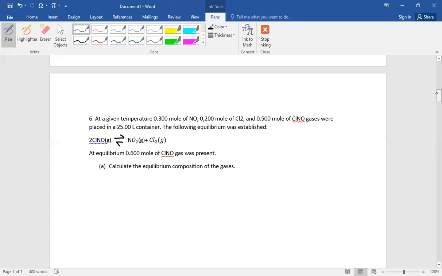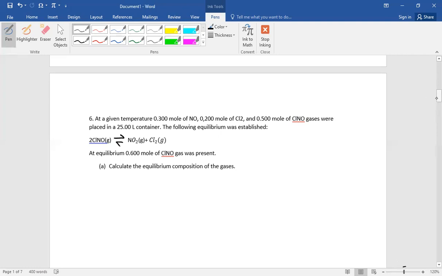The following equilibrium was established. Now they are saying at equilibrium 0.06 mole was present. So calculate the equilibrium composition of the gases.